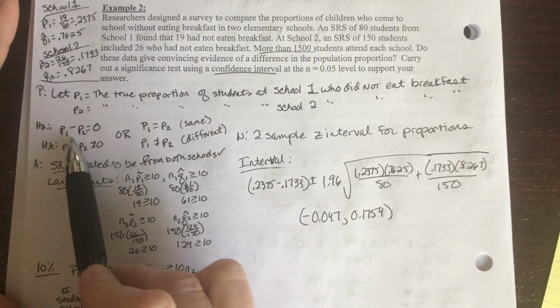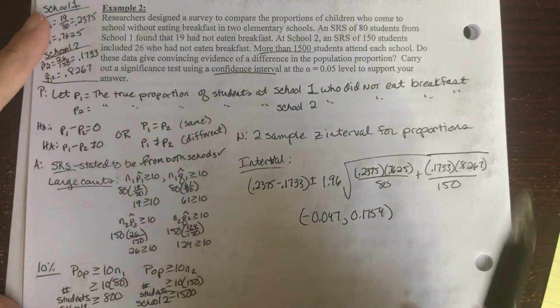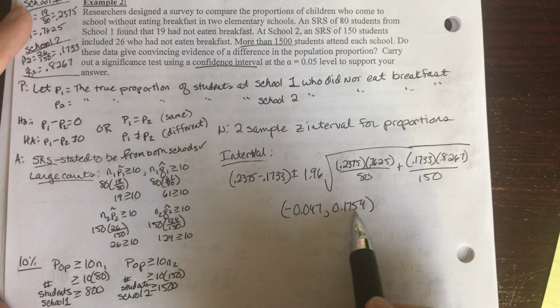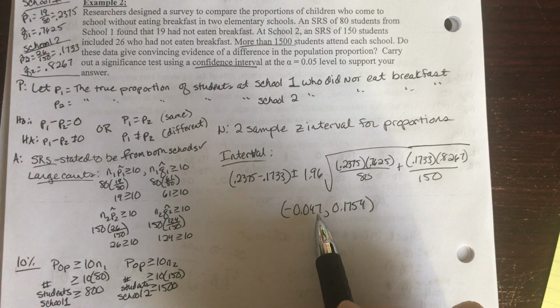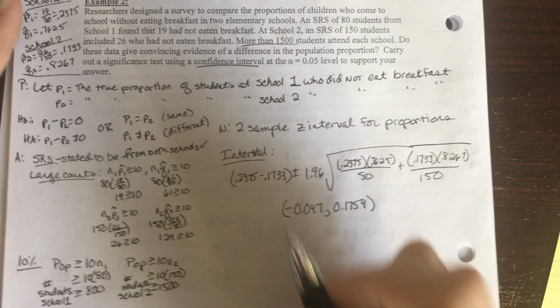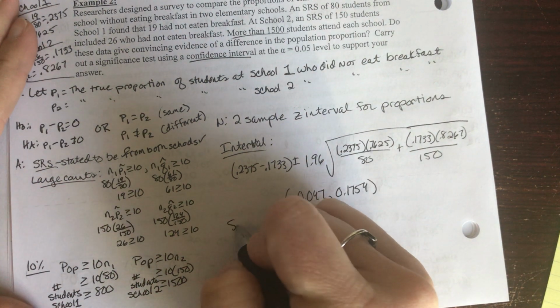We're testing, is the difference equal to 0? Is the difference not equal to 0? So you have to ask yourself, is 0 in this interval? Yes, barely, but yes, it doesn't matter that it's barely. If you have a negative and you have a positive, then it's going to contain 0.